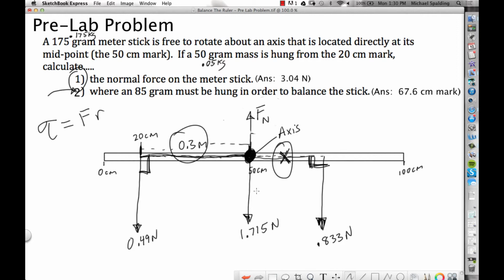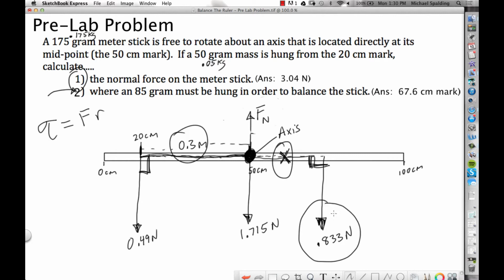So the next thing we got to talk about is the sign convention for torque. We're almost done. The sign convention for torque, it's not going to be up, plus, down, minus. Because what's torque all about? It's all about rotation. So the sign convention for torque is going to be clockwise, counterclockwise. Okay? So what's this force here doing?